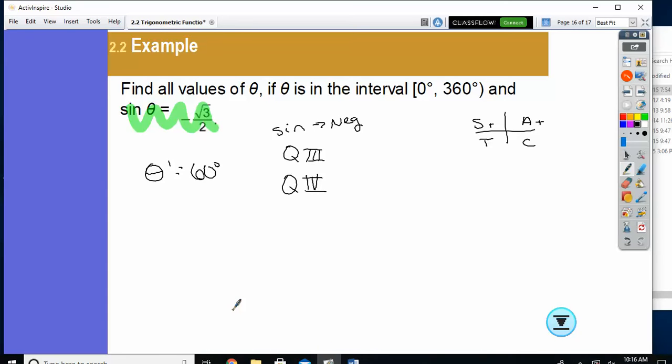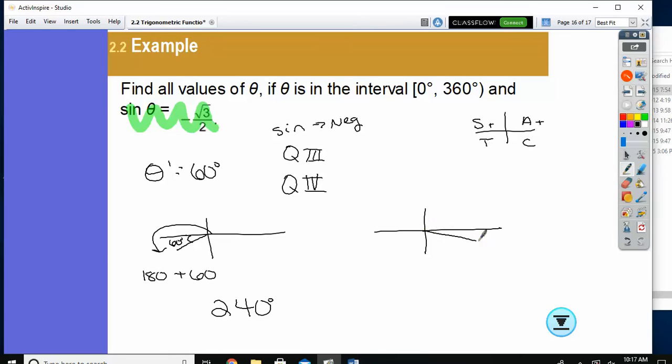So now we're going to put our angle in each of those quadrants. So if you think about in quadrant 3, if your reference angle is 60, what would the whole angle be? How would I get that? How far is it from here to here? 180, and we need 60 beyond that, so you'd have to do 180 plus 60, so we get 240 degrees. In quadrant 4, this is 60.